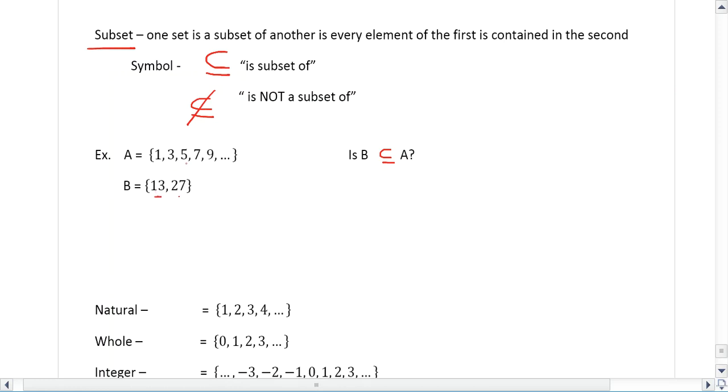Is 13 contained in this set? Well, if you continued this pattern, which these three dots mean, 7, 9, 11, 13, yes. And if we kept going past 13, 15, 17, and so on, yeah, 27 is odd. So we could say yes, B is a subset of A.